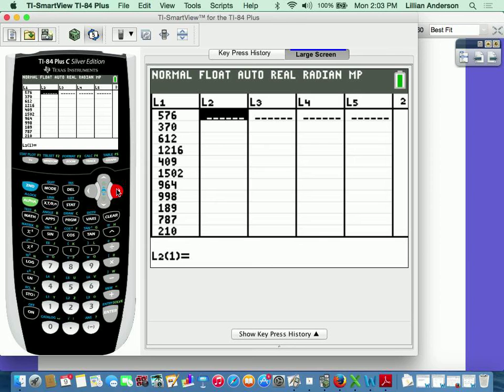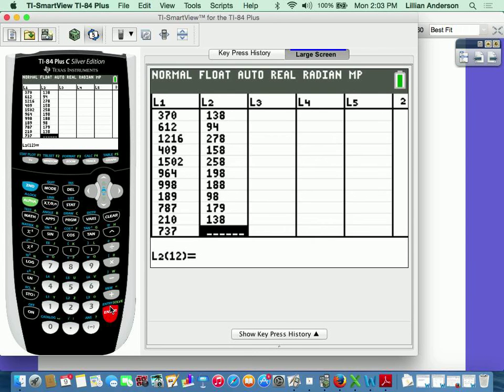One more time, in L2, the fare. You have to type in all of your data.